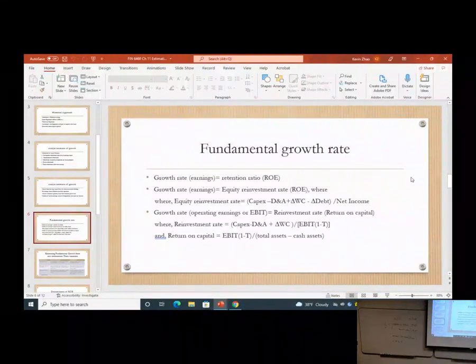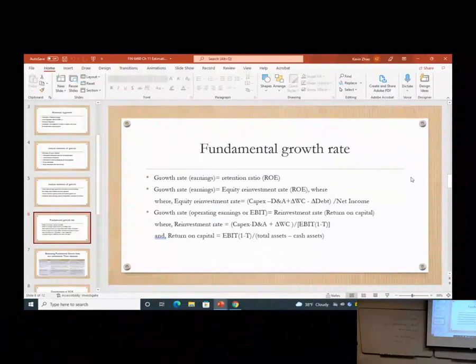Right. And this IRR is a little complicated, because you can make it capital-oriented IRR and multiply this with ROC, return on capital. The difference is the inclusion or exclusion of change of debt, right?